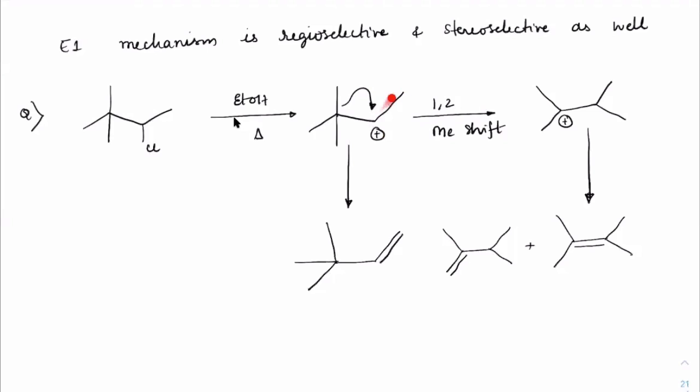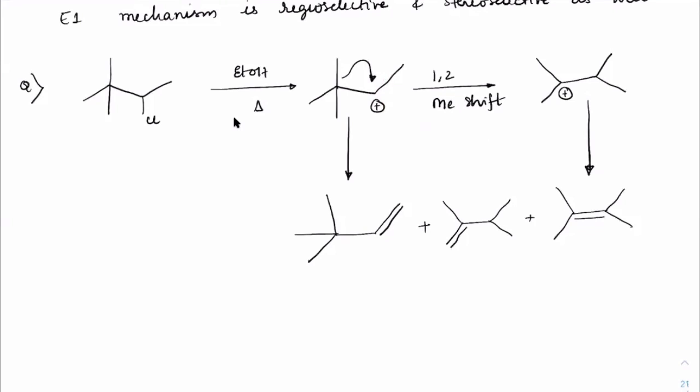From there the double bond can form. So these three products can be formed. Well, here there are no cis and trans, but if that is also the case, then you will have more number of products. So first thing, if a question is asked how many products are formed, you have to write all the possible products in E1, before rearrangement and after rearrangement.